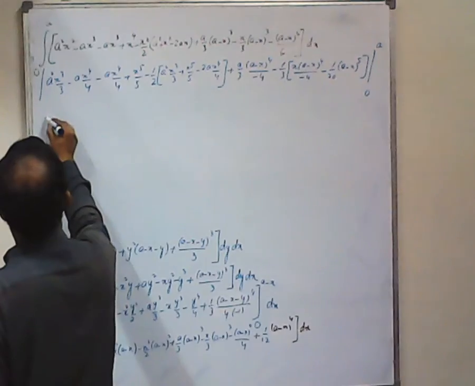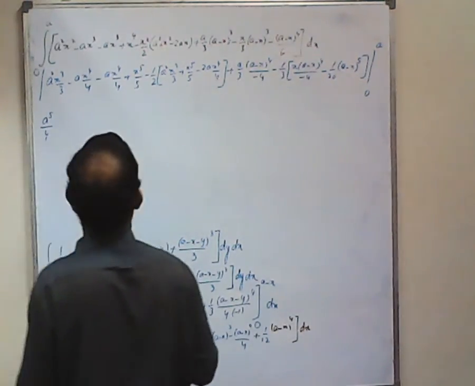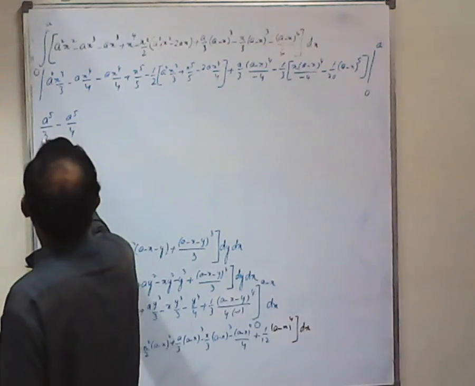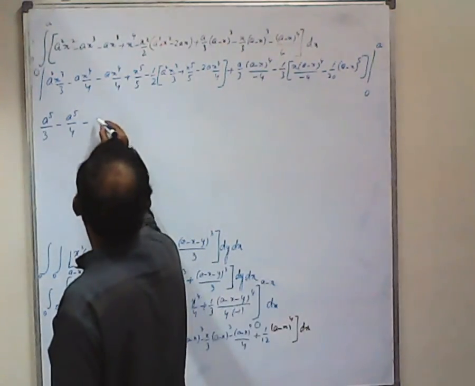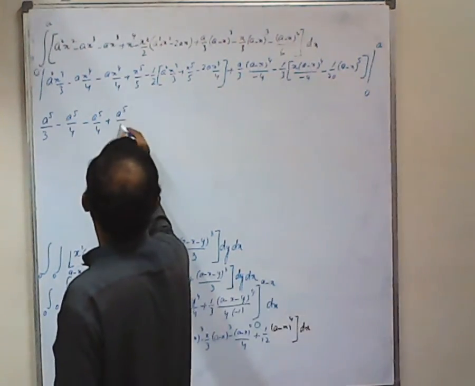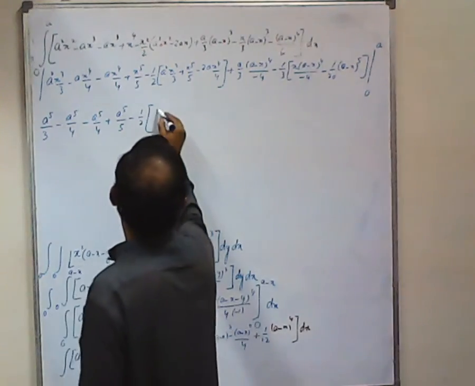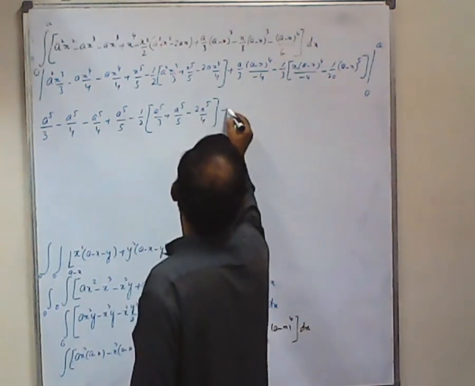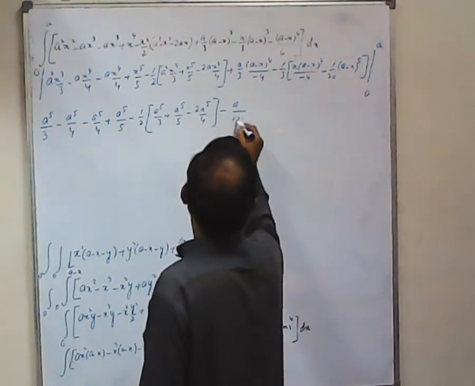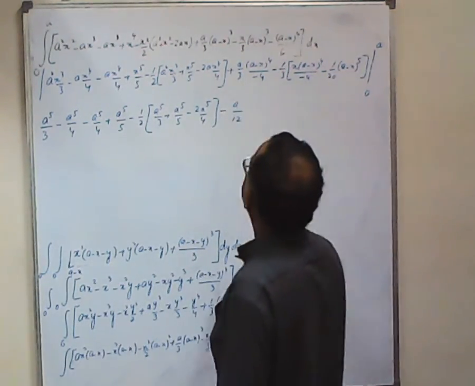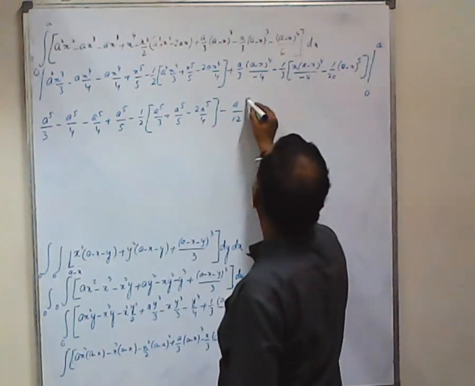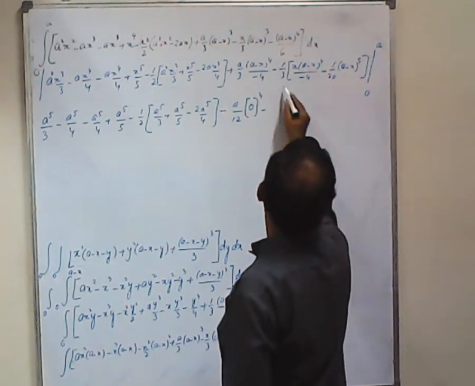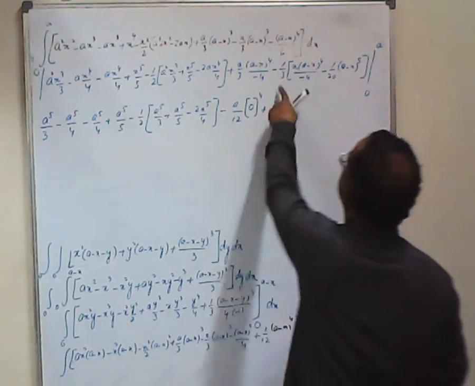If I substitute a first, it will be a power 5 by 3, a cube into a square, then minus a into a power 4, a power 5 by 4, sorry, this is 3, minus a power 5 by 4 minus a power 5 by 4 plus a power 5 by 5 minus 1 by 2, and then a power 5 by 3 plus a power 5 by 5 minus 2 a power 5 by 4 plus a by minus a by 12, because this is the constant a by minus 12, and then if I substitute a, this will be 0, then minus plus 1 by 12, I open this bracket.